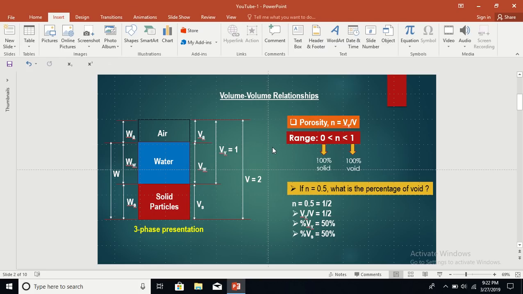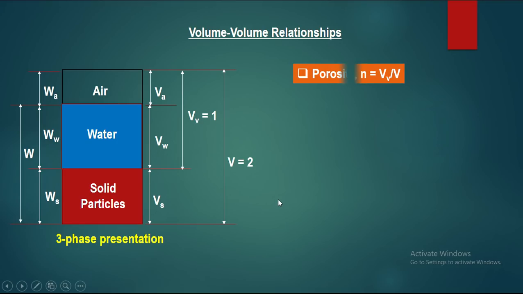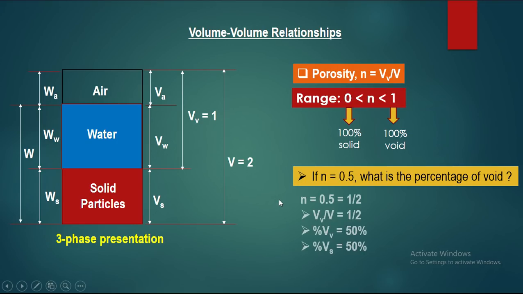So what does that mean? That means the percentage of void in this soil mass, the total volume is 2 and the void space is 1, so the percentage is 50%. So 50% is void and the remaining 50% is solid.